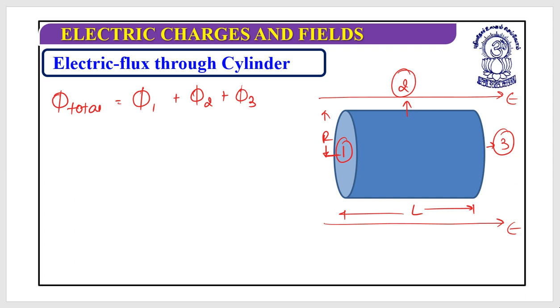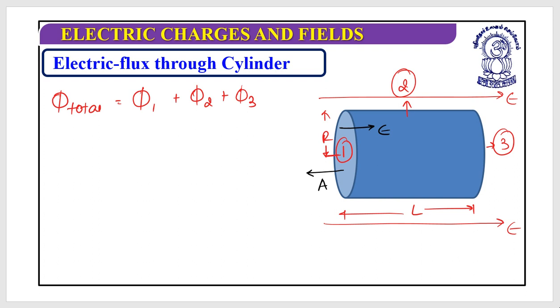One is the direction of the electric field, and second I require the direction of the area vector. Now do this. Let's say for the first surface the direction of the electric field will be in this direction, but the area vector should be moving outward and perpendicular, so in this direction. So in this case, the angle between E and A is 180 degrees.